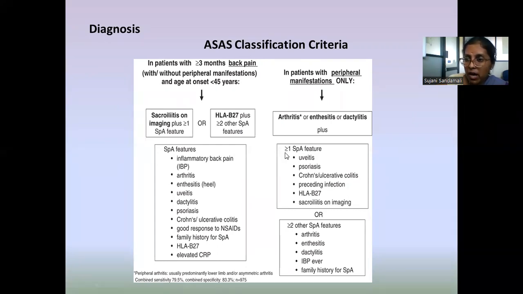When the patient doesn't have axial manifestations, you have to see the features of peripheral manifestations, which are either arthritis, enthesitis, or dactylitis, plus more than one SpA feature in group A or more than two SpA features in group B.